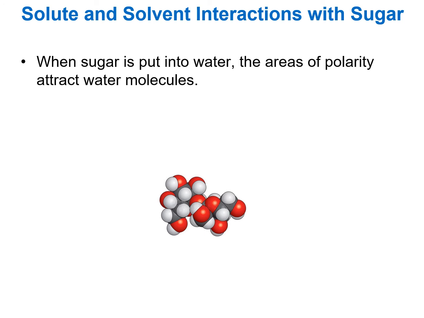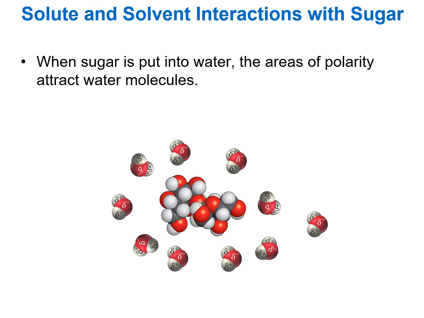Well, a sugar molecule is made up of carbon, hydrogen, and oxygen. And those oxygens are going to create areas of polarity over the area of the sugar molecule. So that when we drop sugar into water, the water molecules are going to flip around so that the positive part of the water molecule is facing an area where you have an oxygen sticking out.